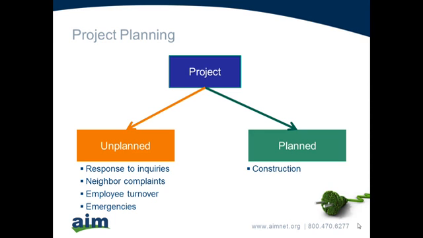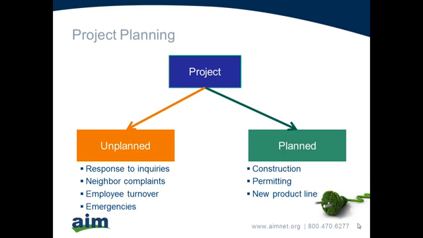I think we're most familiar with construction projects that are planned, permitting projects that are planned, or if we have a new product line that we're developing and going to introduce, we usually have a rollout plan for those type of projects.